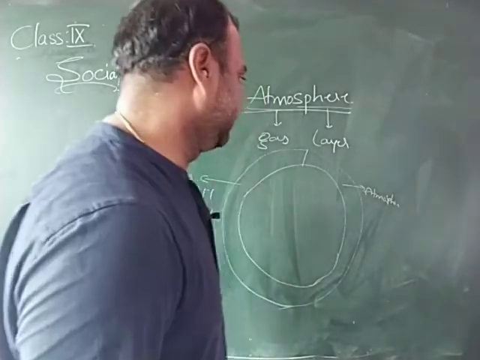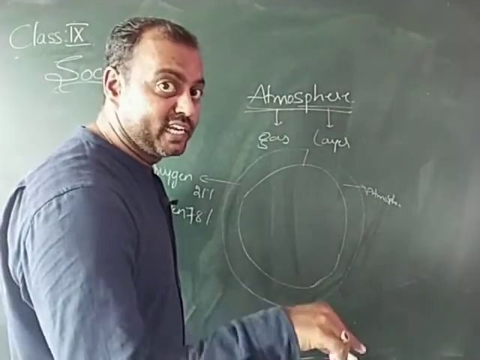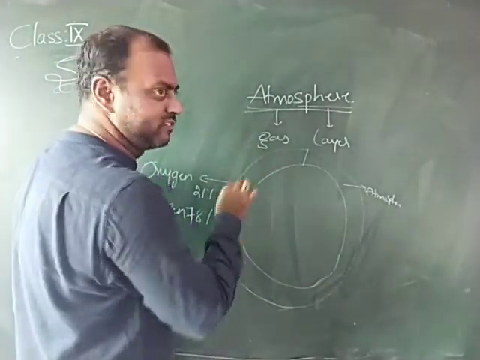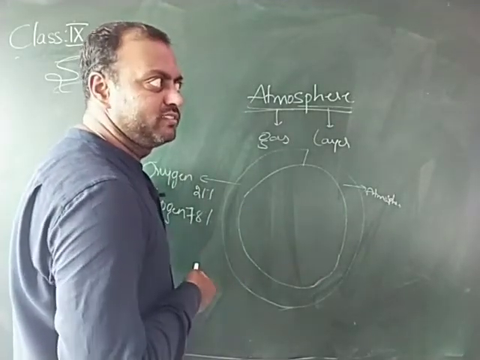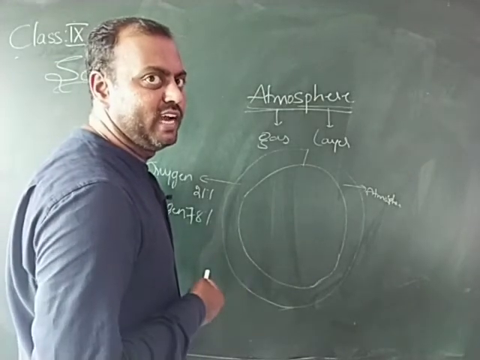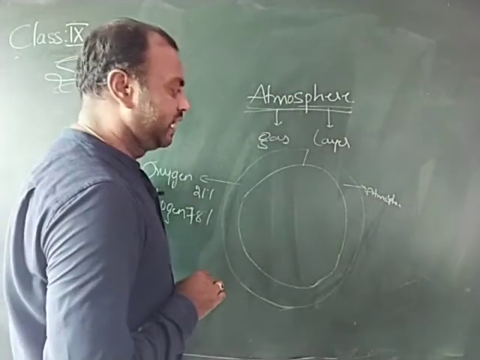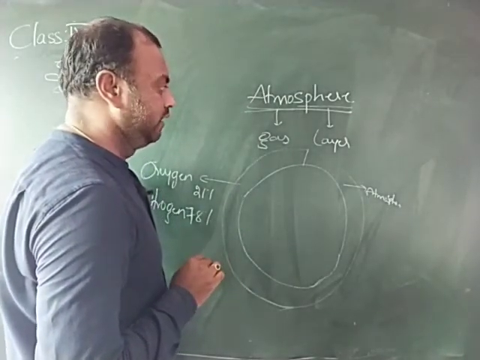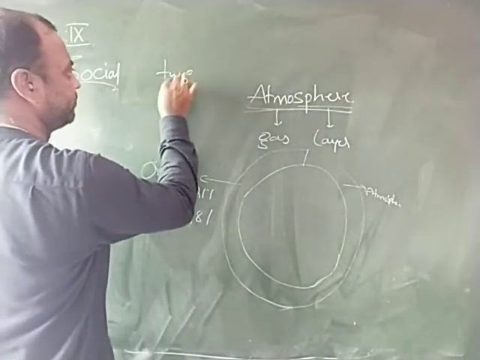Coming to the structure of the atmosphere, children, as we have studied about the structure of the interior of the earth, there is a structure of the atmosphere present. It is very difficult to study. With the help of hot balloons and satellites, the scientists have studied the structure of the atmosphere, and they came to a conclusion that this atmosphere consists of two important layers.